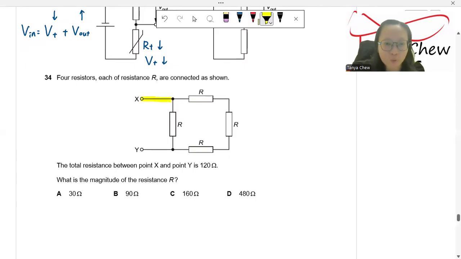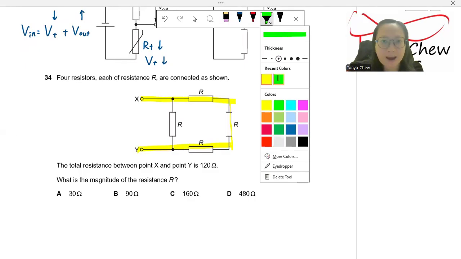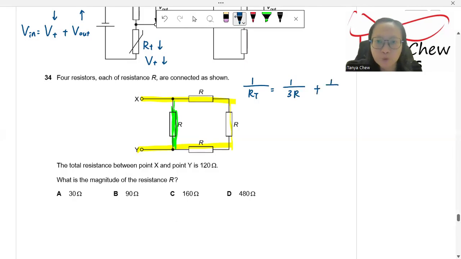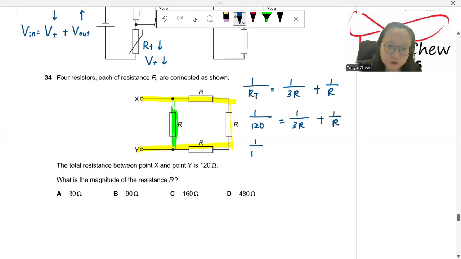You could see that these 3 resistors are connected in series, which is parallel to this R. In series, I just add them all, and parallel with R. So 1 over R total is equal to 1 over 3R, because these 3R are in series, plus 1 over R. 1 over R total, which is 120, is equal to 1 over 3R plus 1 over R. So 1 over 120 is equal to 4 over 3R.